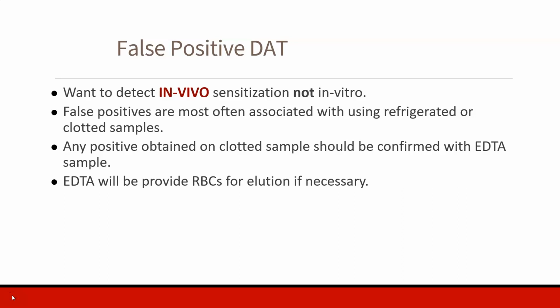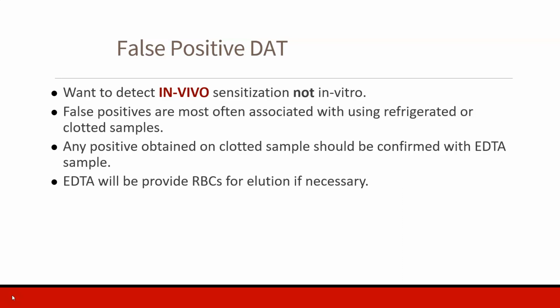Let's talk about a few causes of false positive DATs. We want to detect in vivo, in the body, sensitization, not in vitro, in the test tube. False positives are most often associated with using refrigerated or clotted samples.